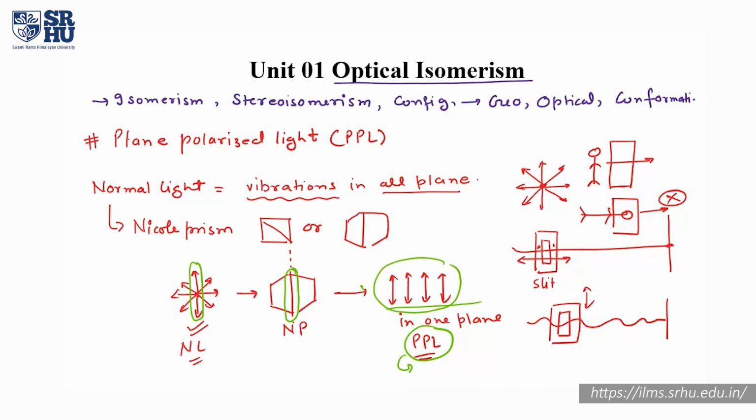Now, when this plane polarized light, this PPL, is passed through a special kind of sample which is known as optically active. There are some chemical compounds which are optically active. What are those compounds?